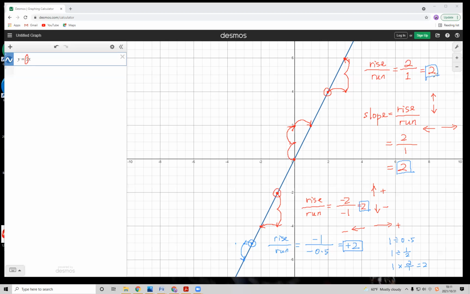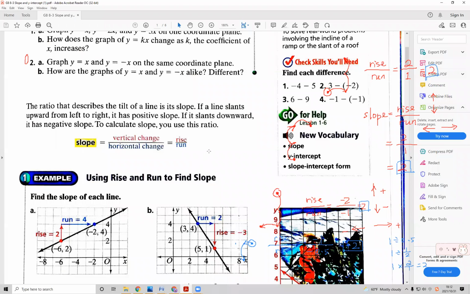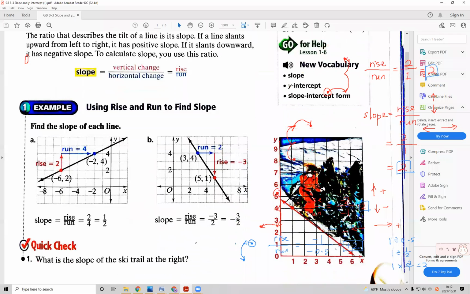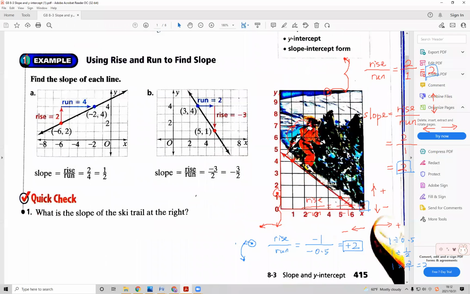Okay, so for this lesson, we are going to just practice more. I want you to practice more regarding how to find slope using rise over run. So when you practice after the lesson, I want you to take a look at this document over here.